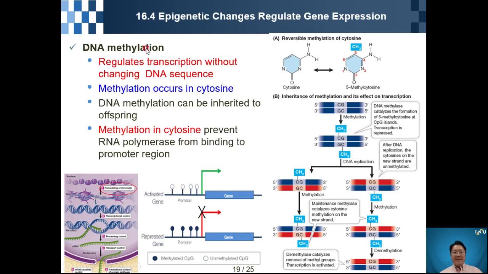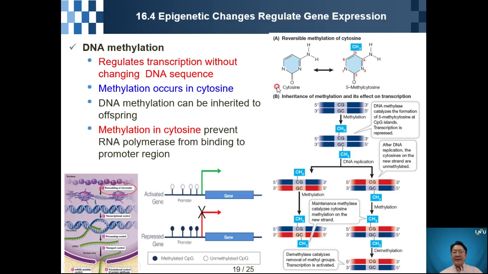So what is DNA methylation? DNA methylation can regulate transcription without changing the DNA sequence. The only thing is that DNA methylation occurs on cytosine.